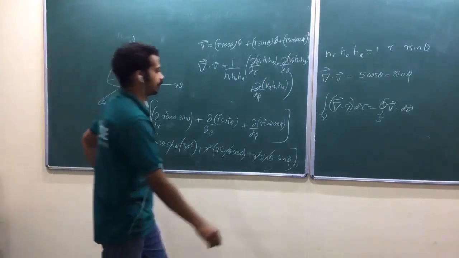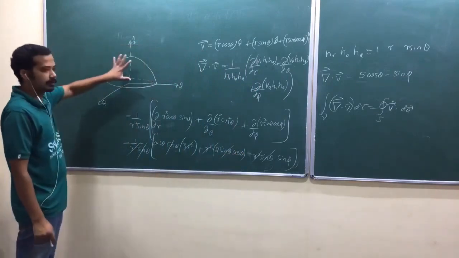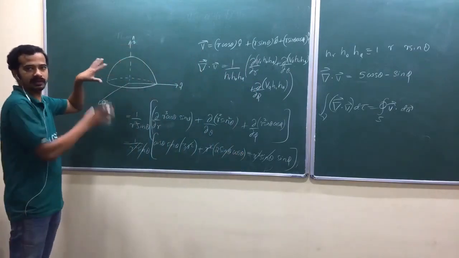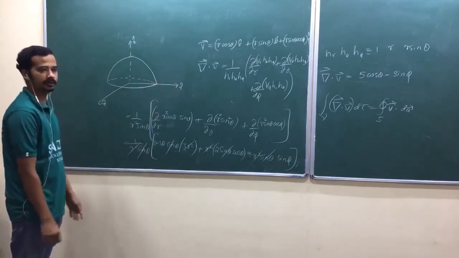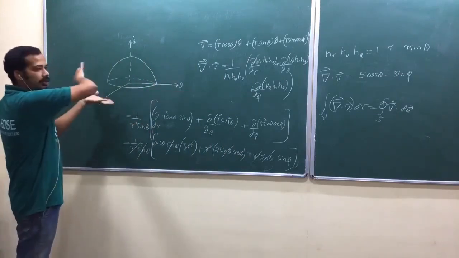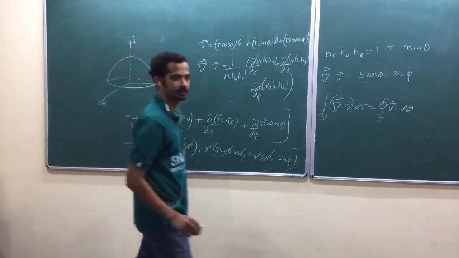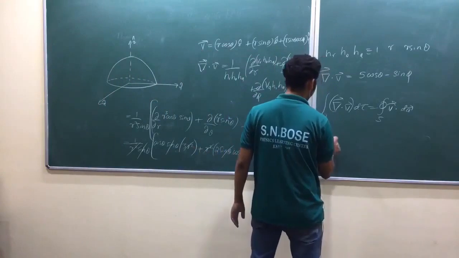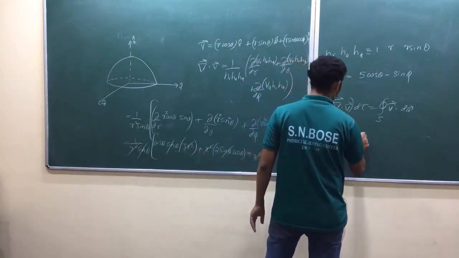Now look here. He asked us to verify Gauss divergence theorem for this region, because it connects volume integral and surface integral. Now you have to do that volume integral over this hemisphere. Now how do you take the limit? This is a volume integral, that is 5 cos theta minus sin phi.